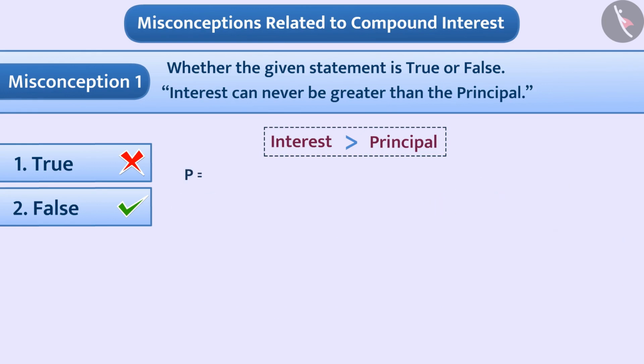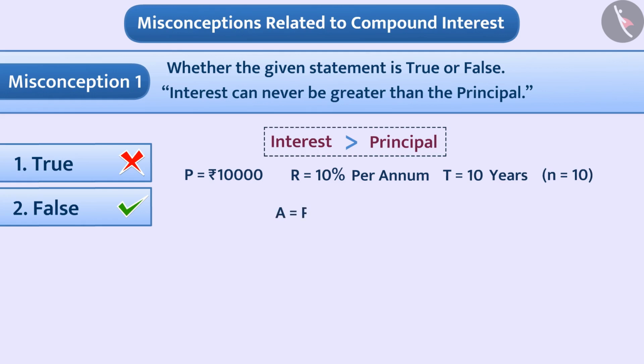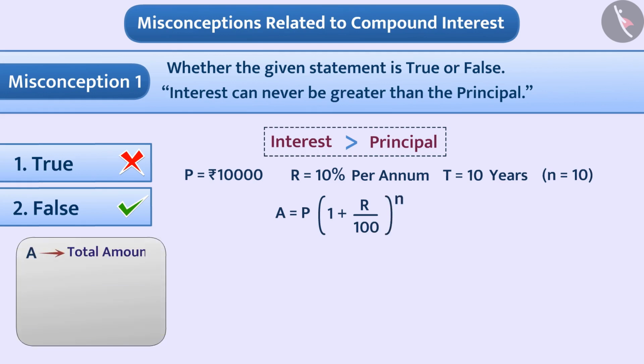Here, P is equal to rupees 10,000, R is equal to 10% per annum, and T is equal to 10 years. It means here N is equal to 10. We know that A is equal to P multiplied by 1 plus R by 100 bracket raised to the power n, where variable A is total amount, P is principal, R is rate of interest, and N represents time period.